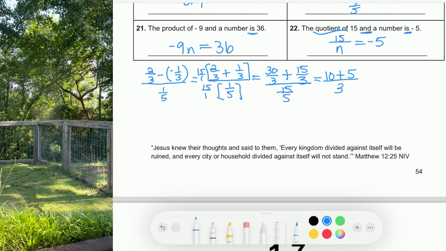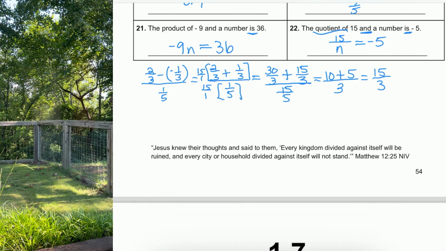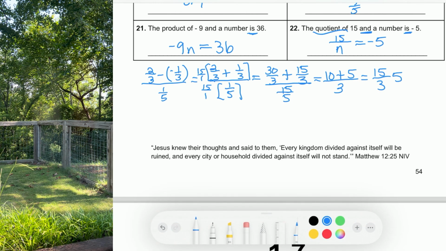So we're back to just a normal fraction that we know how to solve. 10 plus 5 is 15 over 3. Now we just simplify that. 15 divided by 3 is 5. I forgot my equal sign. And that is our answer.